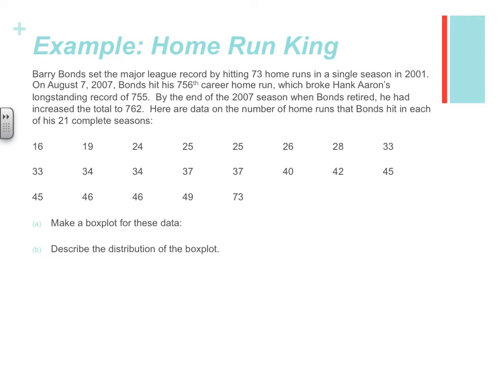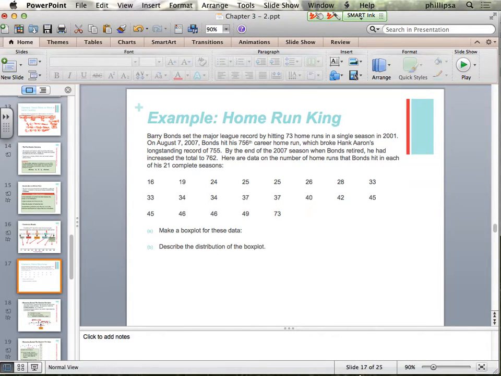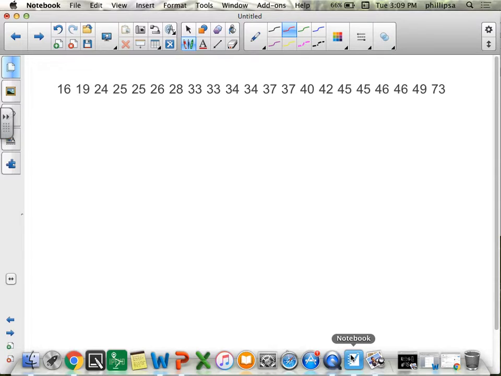So let's do one on our own and then we will move on. Barry Bonds, right? Barry Bonds set the major league record by hitting 73 home runs in a single season in 2001.